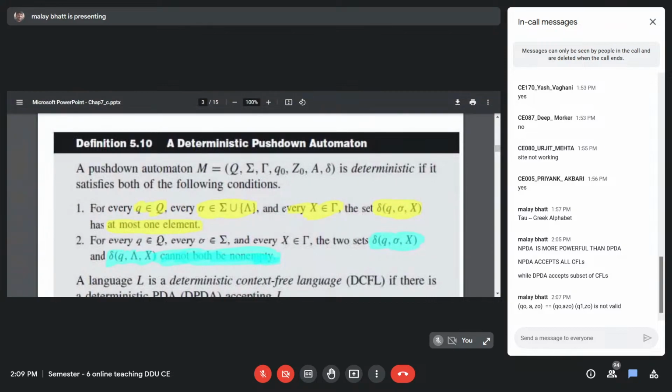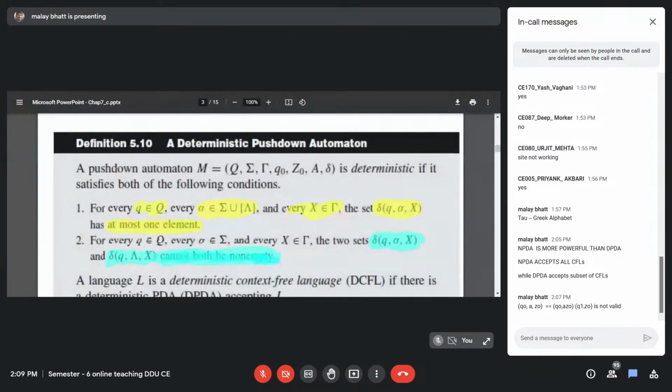You have to first focus on the rule in which null is there, and extract the state and the top of the stack. Once I am using a state and the top of the stack with a null, then I cannot use the same state and top of the stack with any other input alphabet.